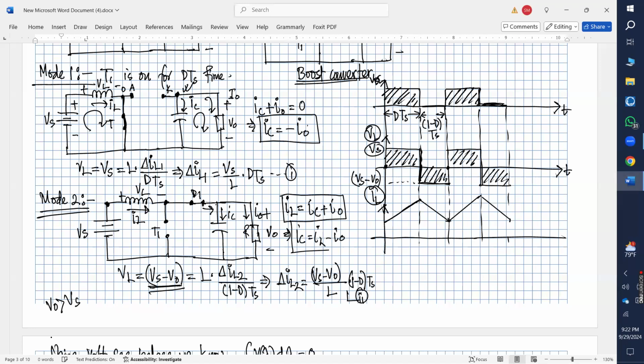So you just go through all the conditions that we derived for the boost converter, and using those equations we'll try to draw all the waveforms for the boost converter, and we will discuss what is happening through the capacitor and the inductor in terms of voltage, current and power as well.